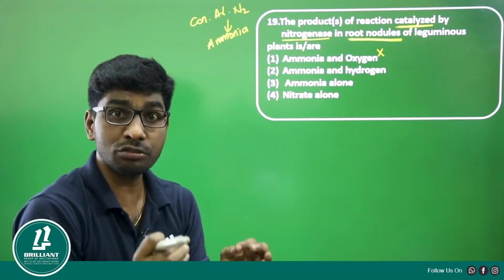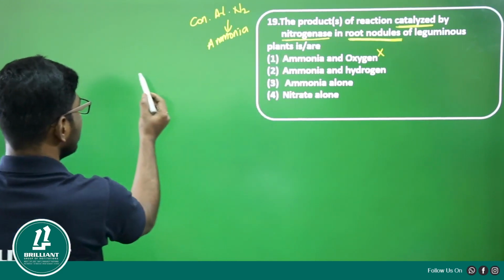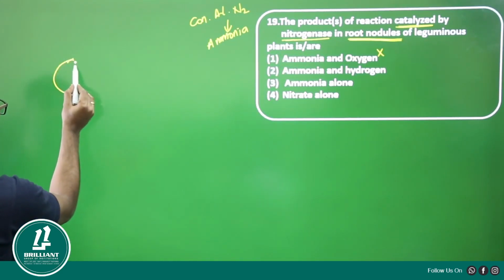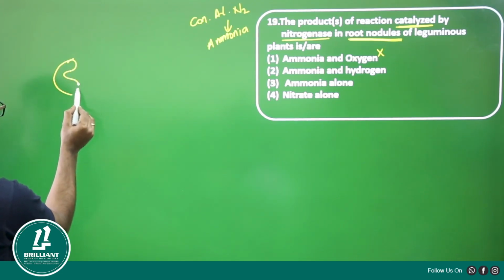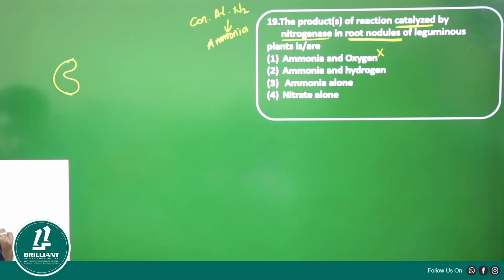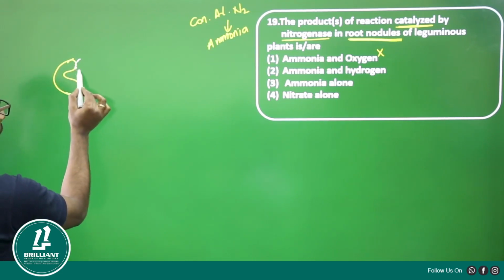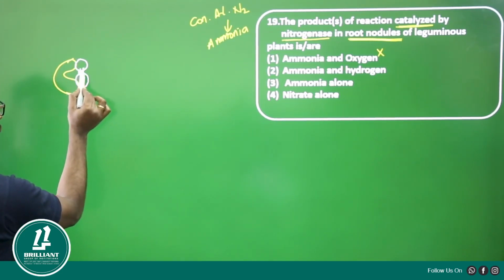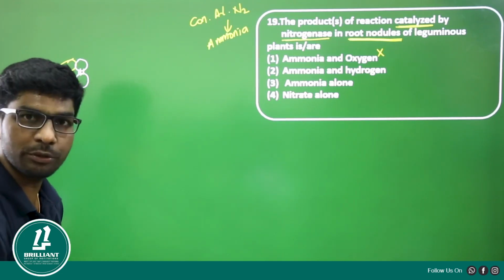How many of you remember? In presence of nitrogenase enzyme, look at here. This is the nitrogenase enzyme. We can represent it like this, right? So first what happened? Atmospheric nitrogen with how many bonds? 3 bonds between the 2 nitrogen, right?